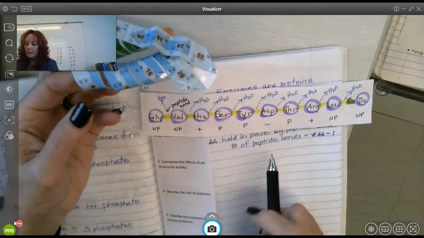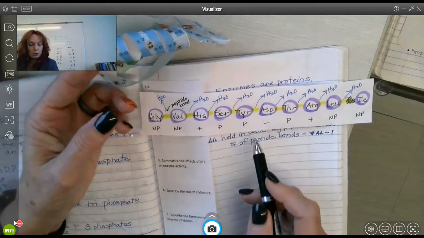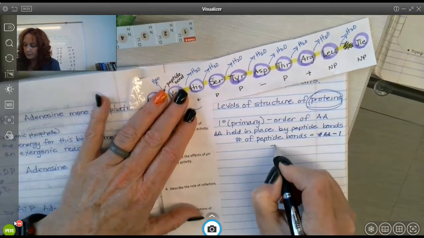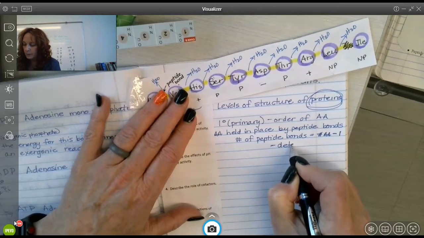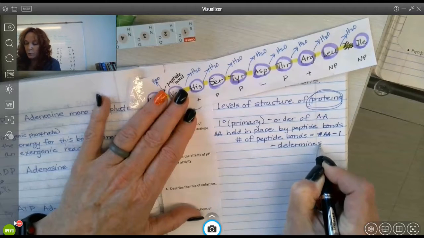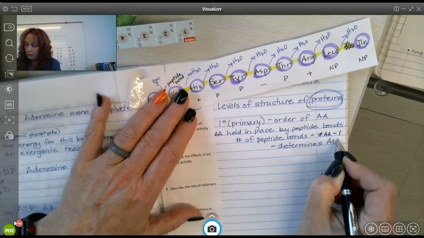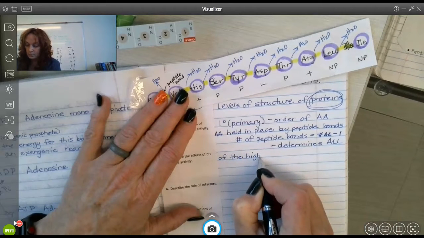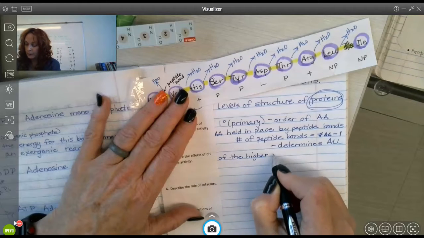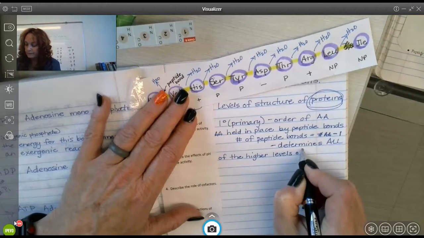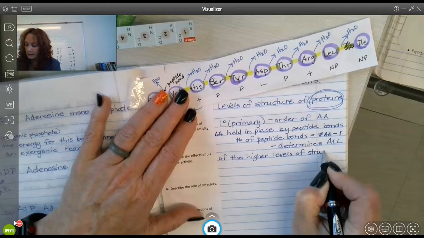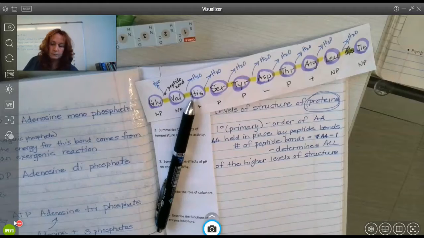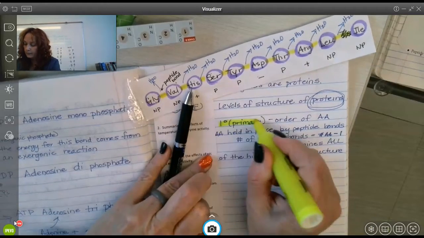So this primary structure determines all the rest of the structure. So we'll put that here. So it determines, because of the placement of where they are, all of the higher secondary, tertiary, quaternary levels of structure. That order of the amino acids. Okay, so that's primary.